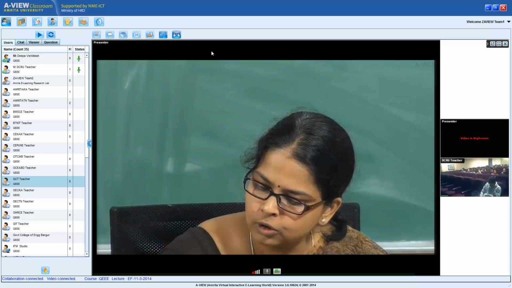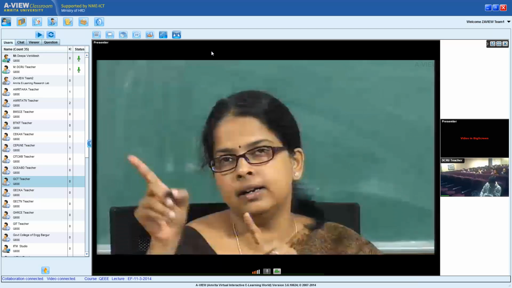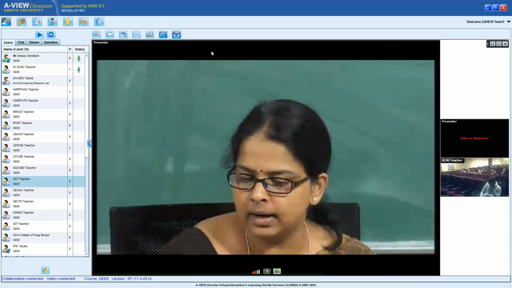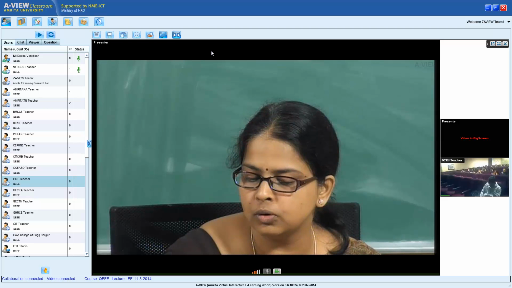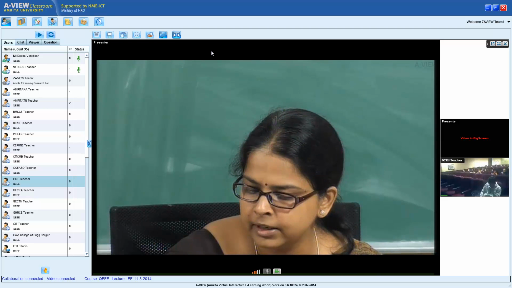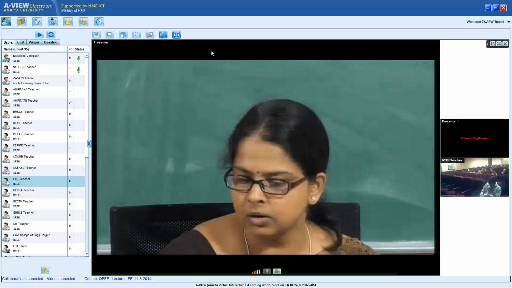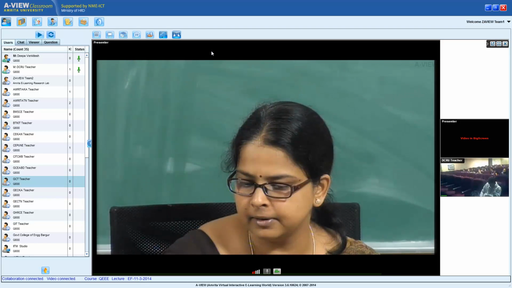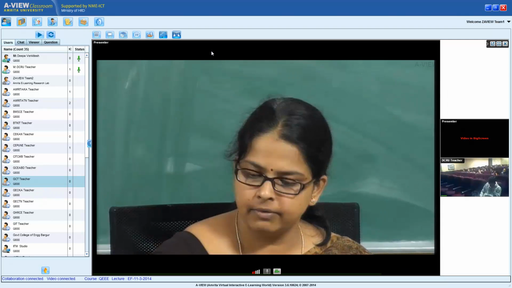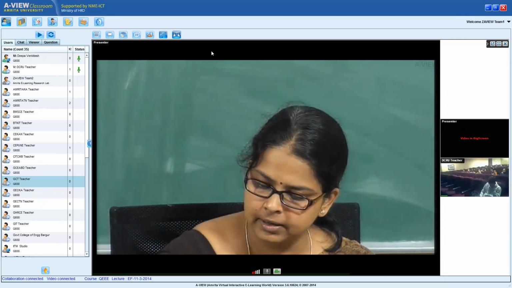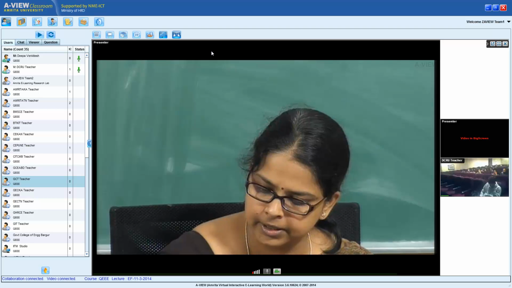Since these 2 points are at an equal distance with respect to the origin, the magnitude is the same, but the direction has changed. So I would have something like this. If I were to mark here, this would be a larger vector, a smaller vector here, and a smaller vector.